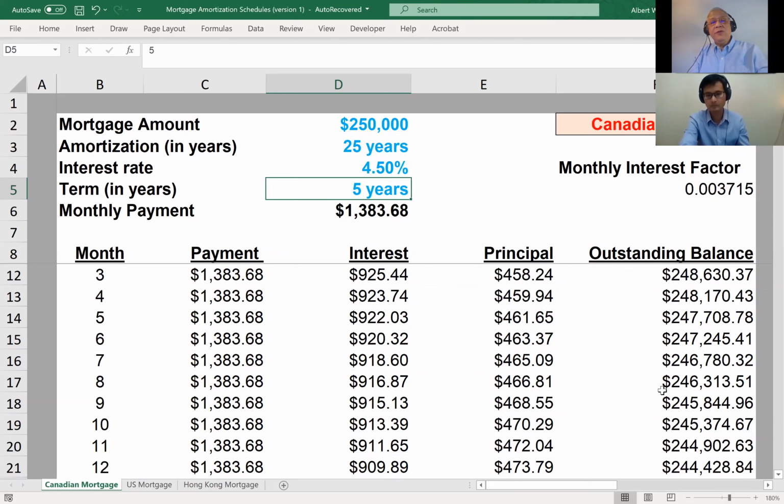Those are the things you need to consider when you take on a mortgage: your personal circumstances and how long you're going to have this mortgage, according to your projection of what's going to happen in the next few years.